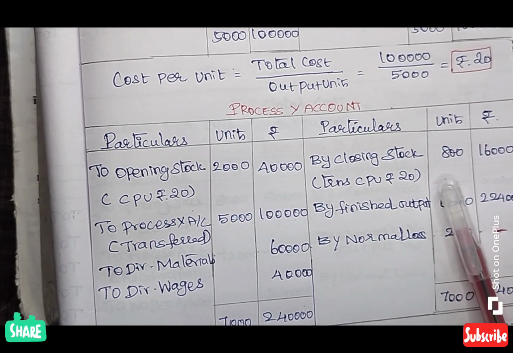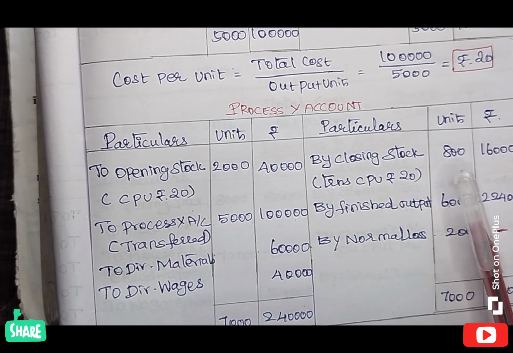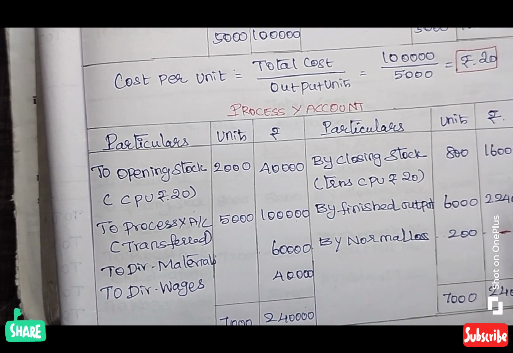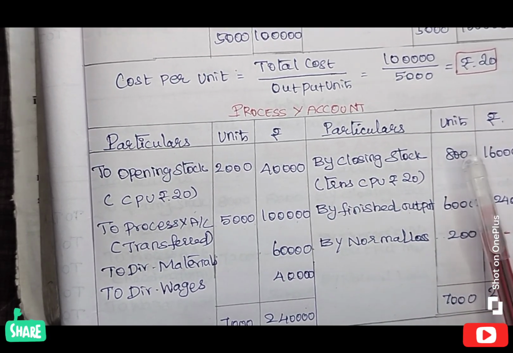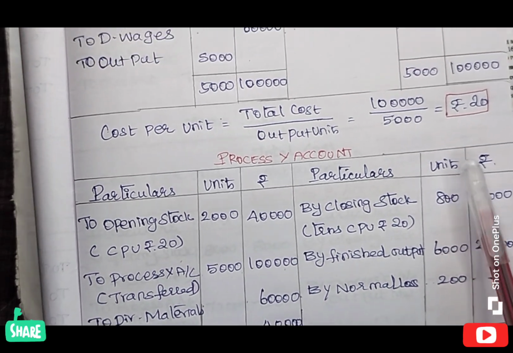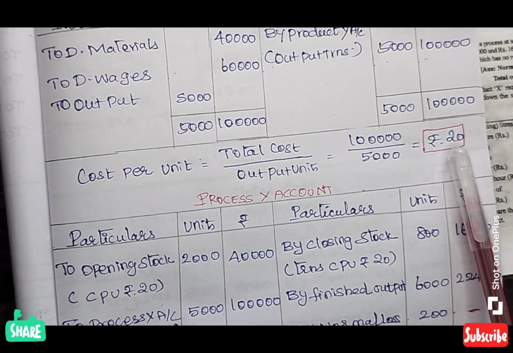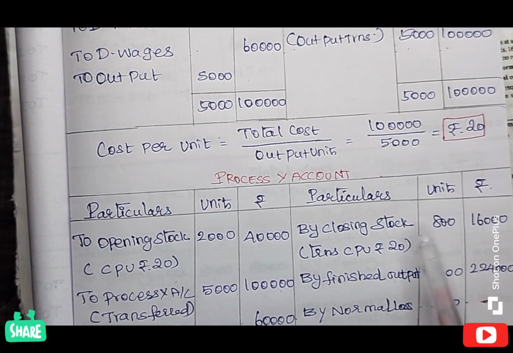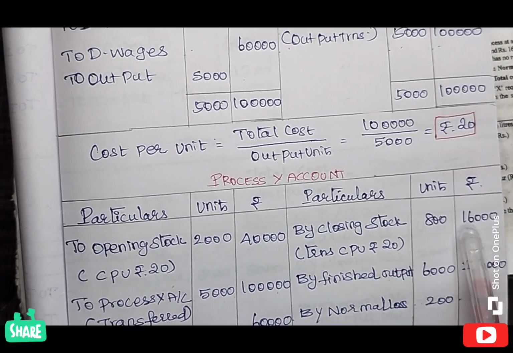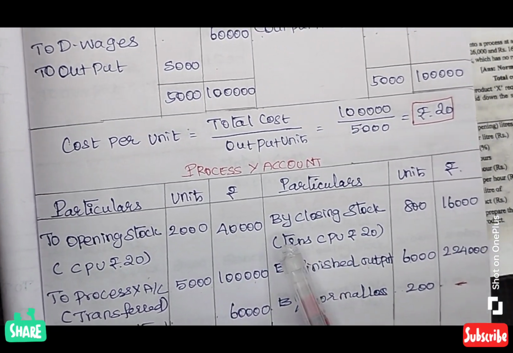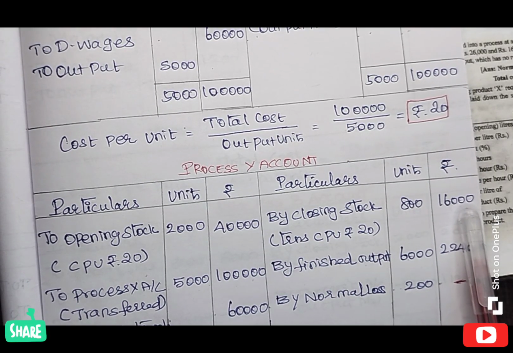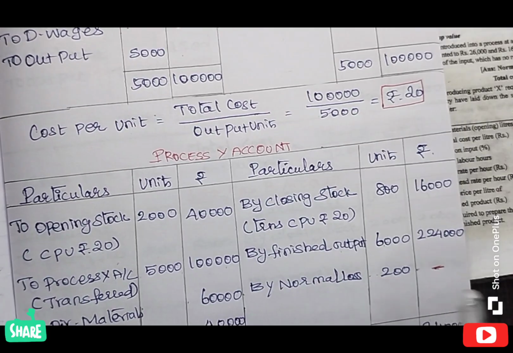Opening and closing stock, if given in the question, will be valued with the cost per unit taken from the previous process. So those 800 units will be calculated with the cost per unit from the previous process, that is 20 rupees. 800 into 20 rupees will be 16,000 rupees. What is the closing stock value? Cost 16,000 rupees.